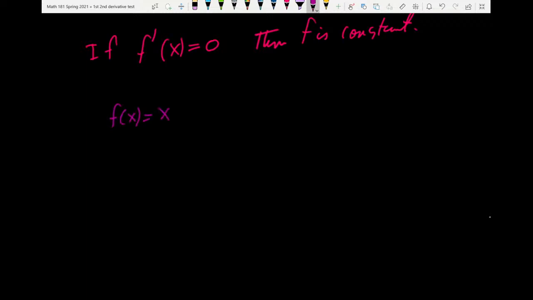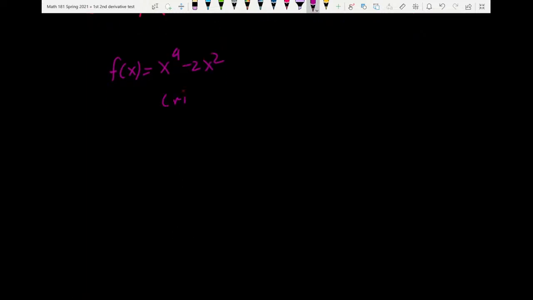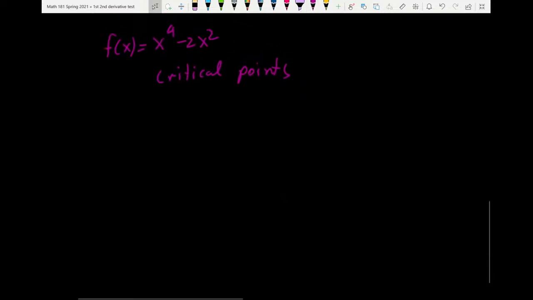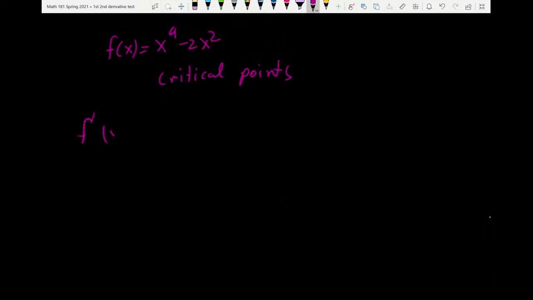f of x equals x to the fourth minus 2x squared. Let's find the critical points. So let's look at the first derivative. We get 4x to the third minus 4x.